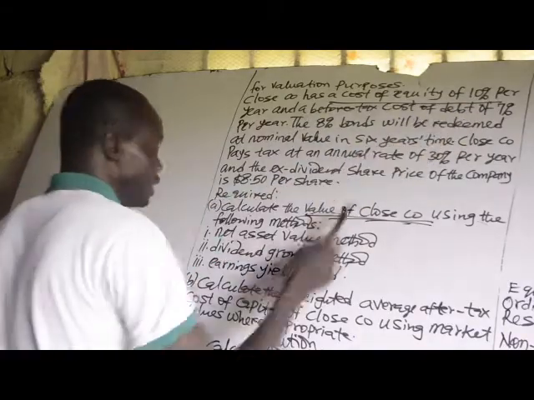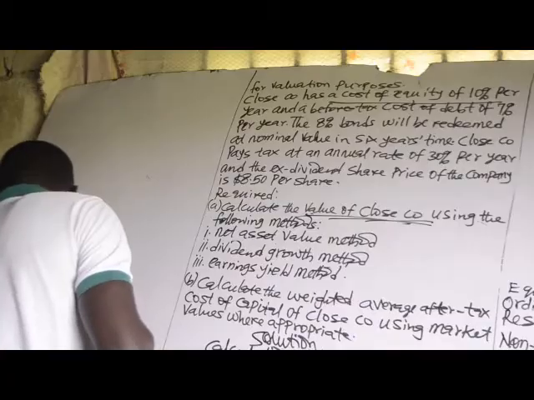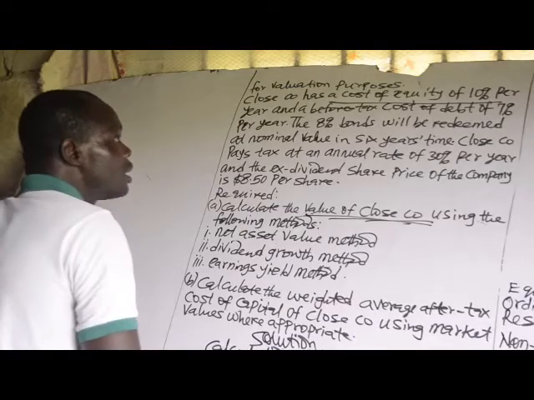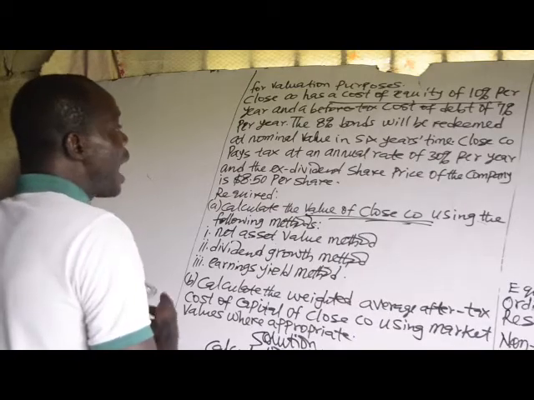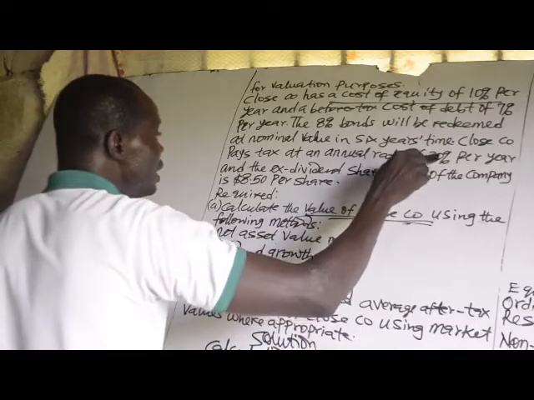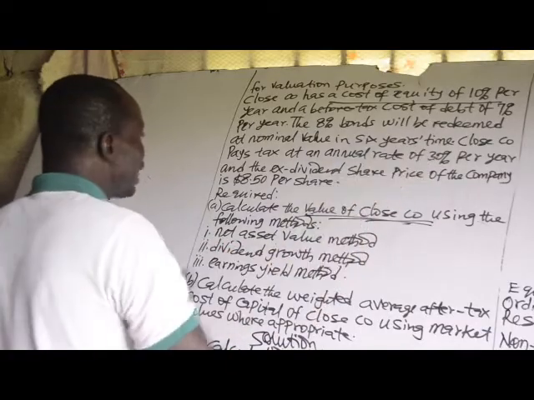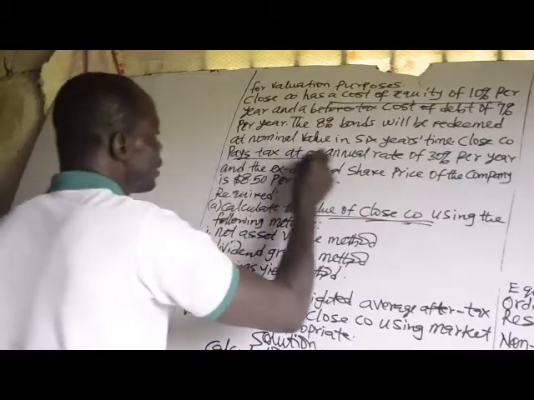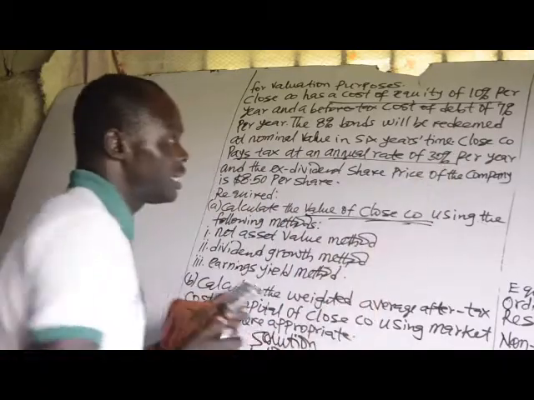which is 7%. Now you will need to calculate the post-tax cost of bonds by allowing for the tax. Closed Co pays tax at an annual rate of 30%. You have to eliminate tax from it.